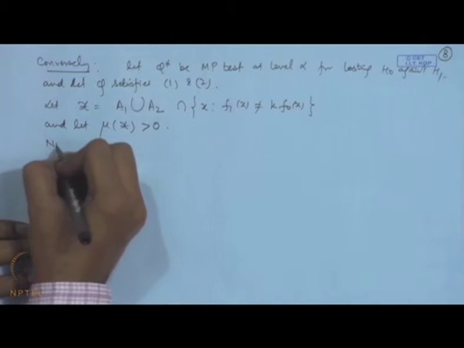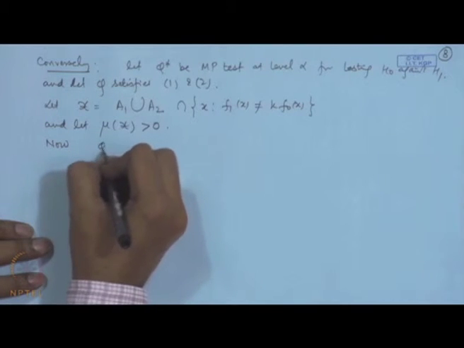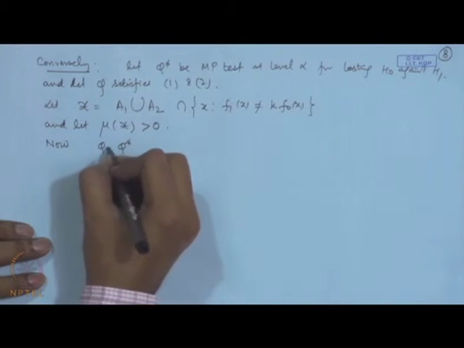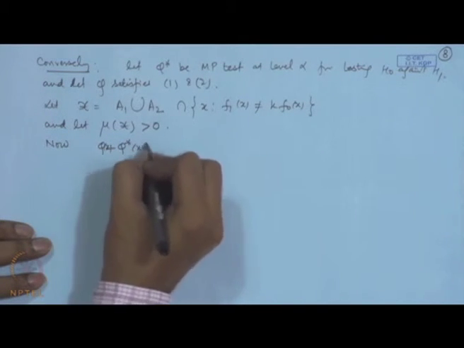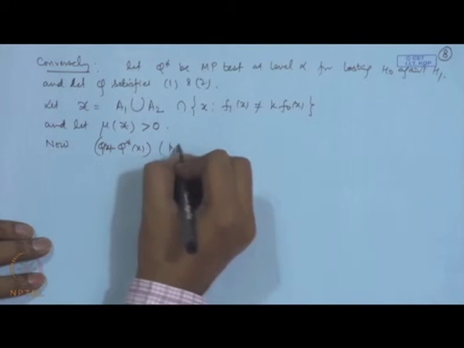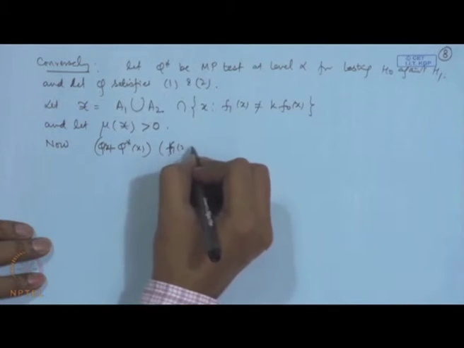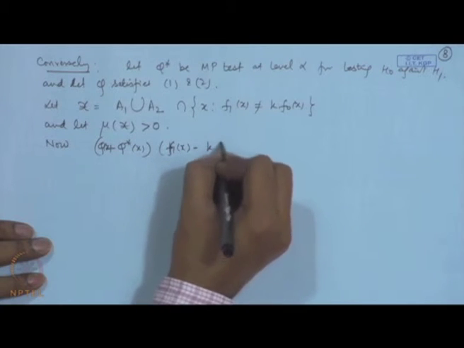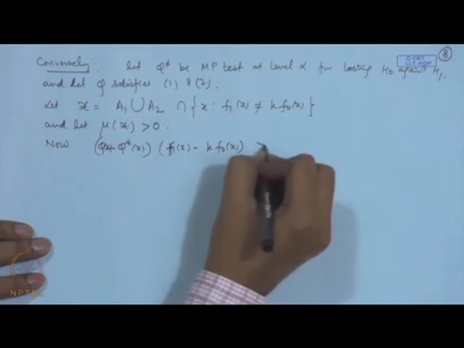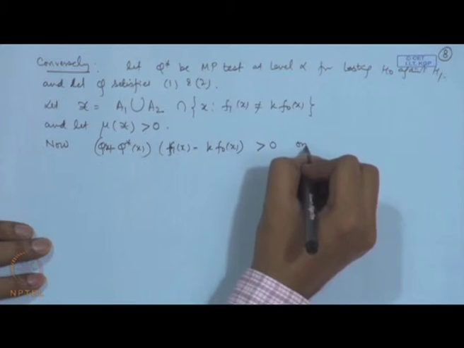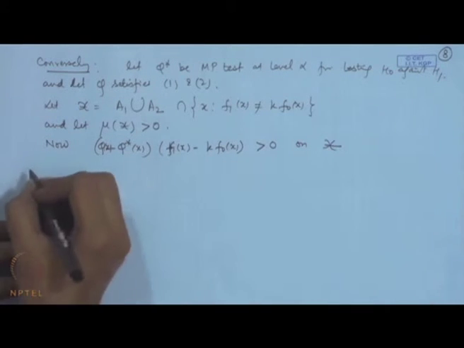Now, we have already considered that phi minus phi star into f1 minus k times f naught is greater than 0 on x.